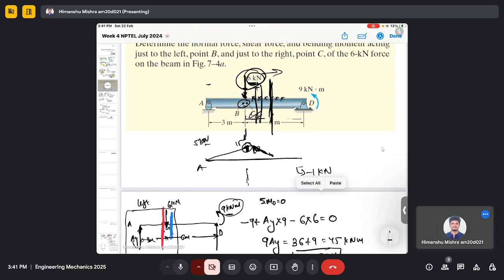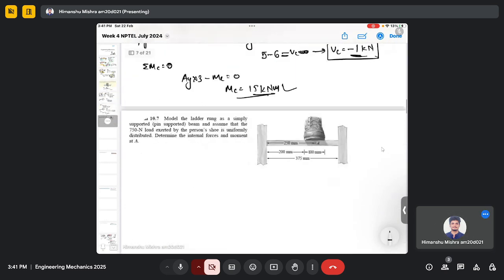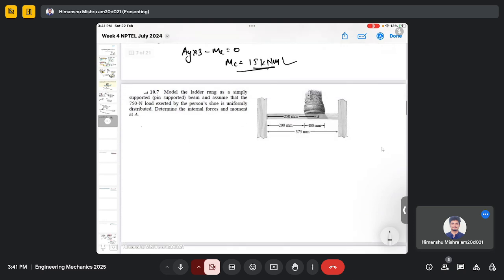Okay. So now let's move to the next question. In this question, we have modeled the ladder rung as a simply supported beam and assume that the 750 Newton load exerted by the person's shoe is uniformly distributed.